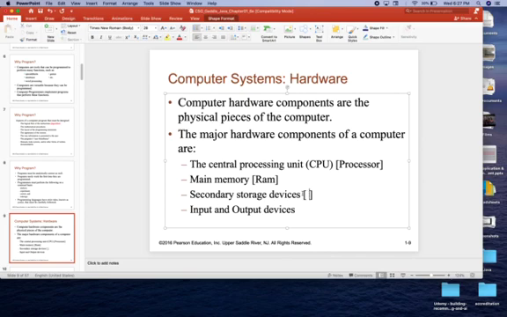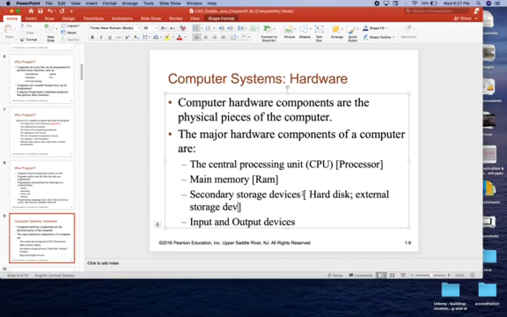So you can take the hard disk as an example, and then the various external storage devices, like the pen drive. The pen drive, they are all examples of secondary storage devices because they are very much distant away from the computer system. You can write instructions that will manipulate all of these external hardware resources.